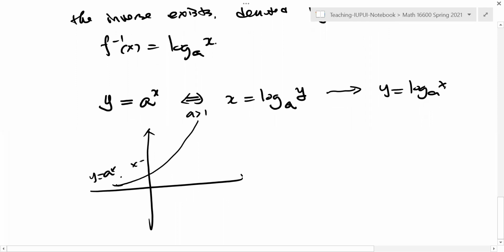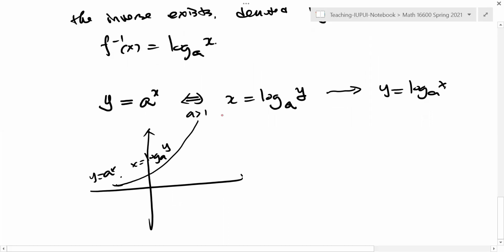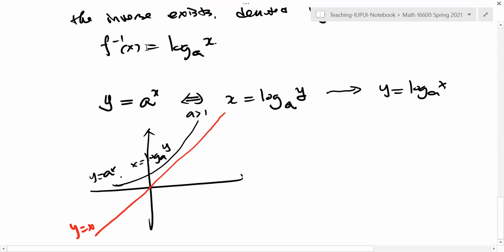It is also the graph of x equals log of y with base a, because those two equations are the same. Then you draw the middle line, the line y equals x. Now, how can I draw the graph of this? The relationship between those two equations is that you interchange the variables.